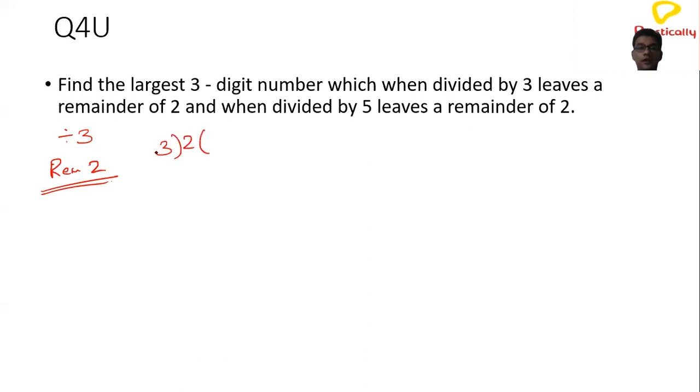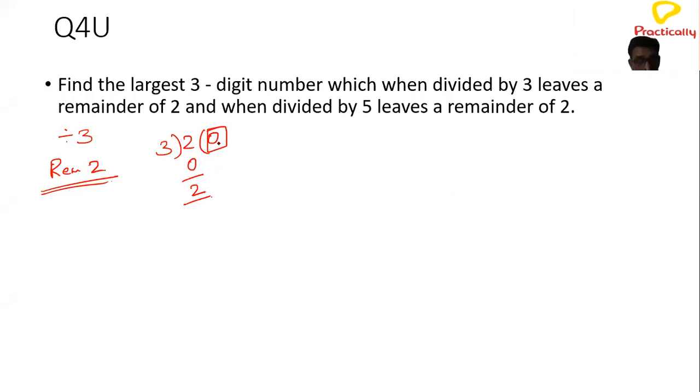Tell me this, guys. I'm not looking at the smallest, largest 2-digit number. I'm looking at the smallest number, right? So when I divide 2 by 3, what is the quotient I get here, guys? 0. What is the remainder? 2.